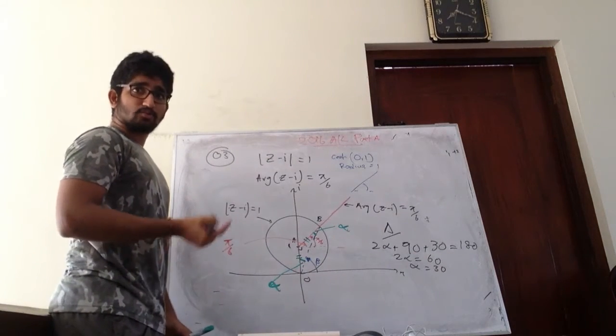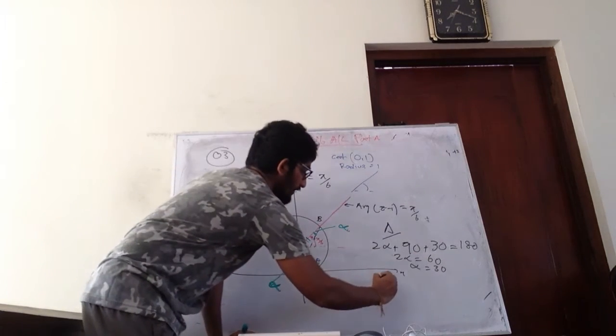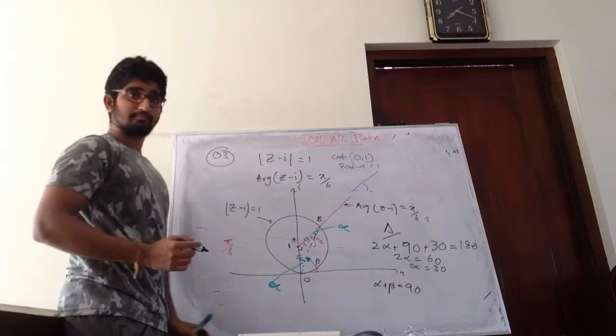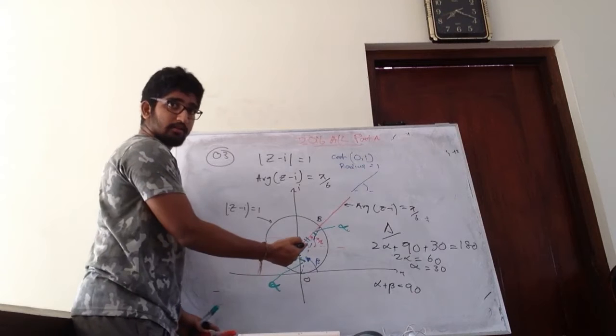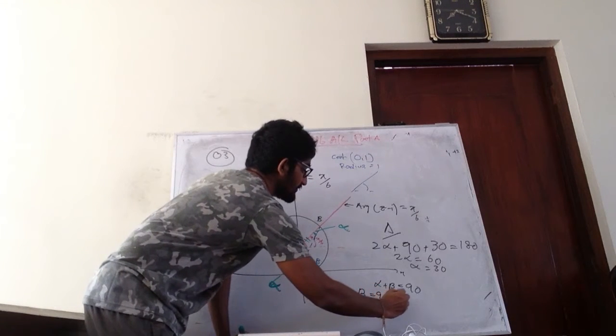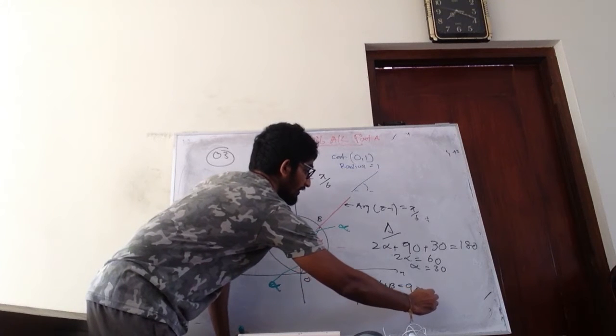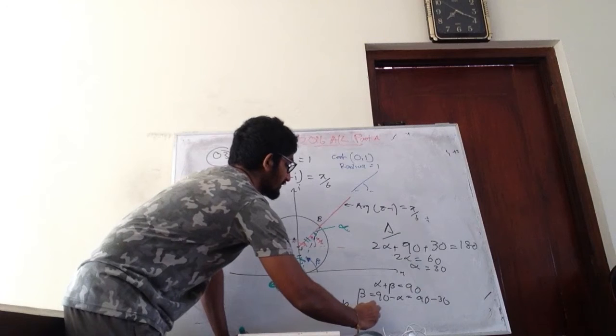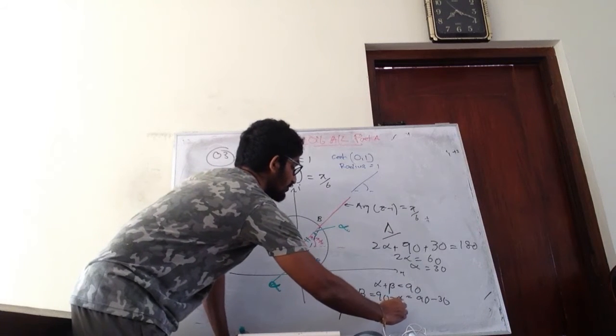If alpha is 30, we know that alpha plus beta is 90. So beta is going to be 90 minus alpha, or 90 minus 30. So beta is going to be 60, or 5 over 3.